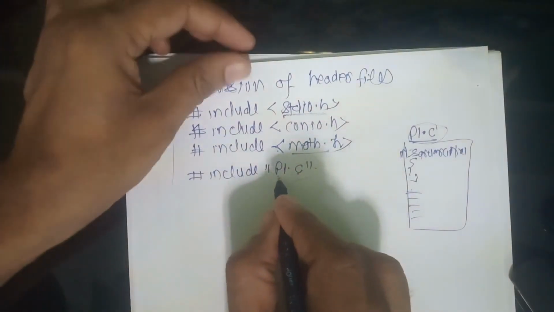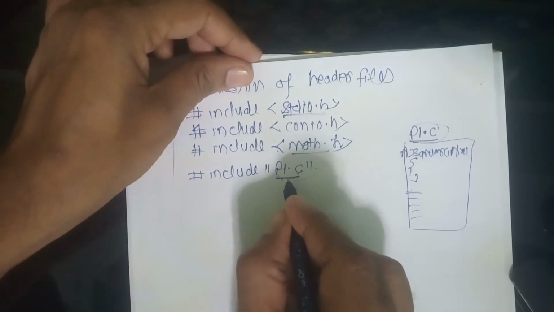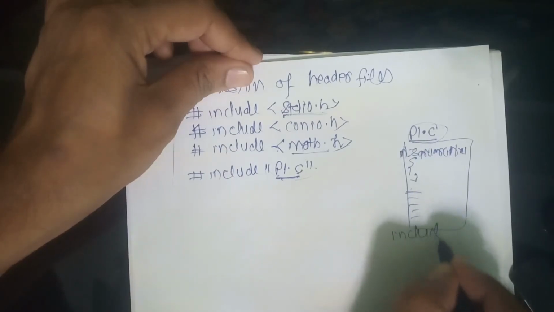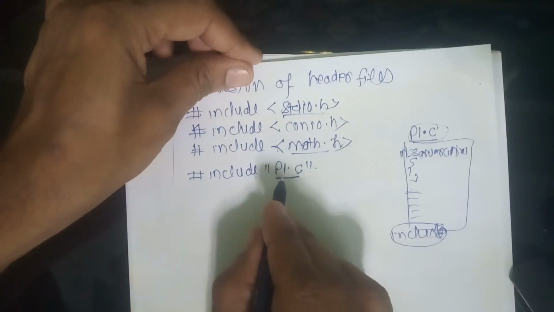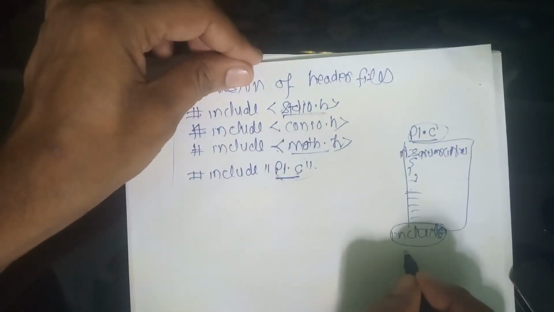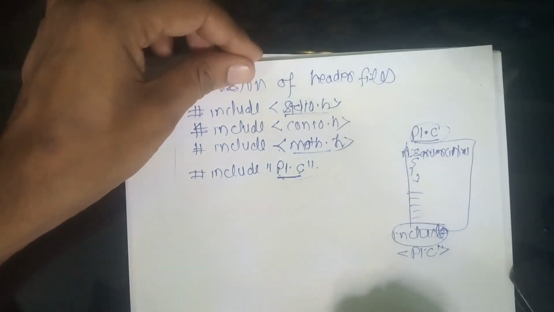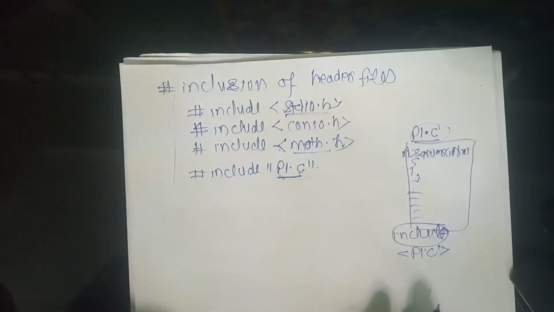Suppose these files are stored in the include folder or include directory, then you can include your file also with less than, greater than p1.c.